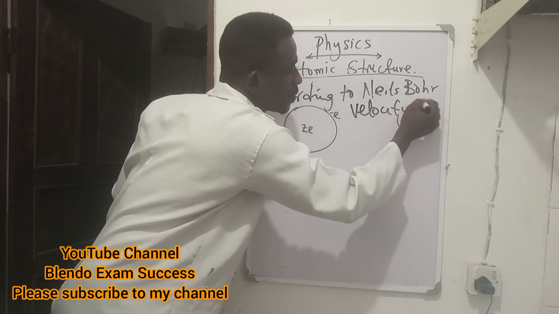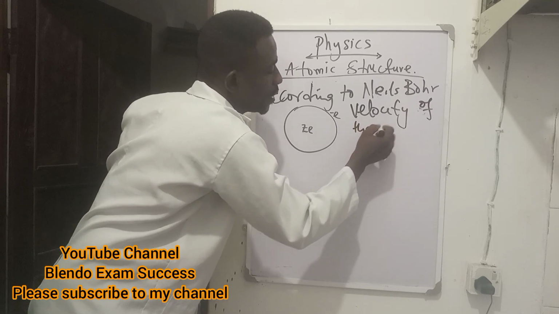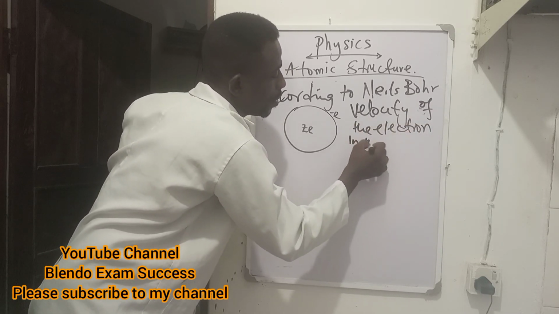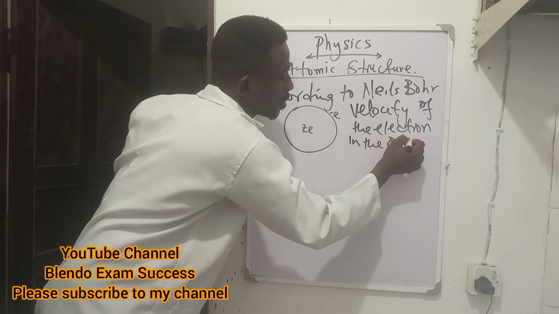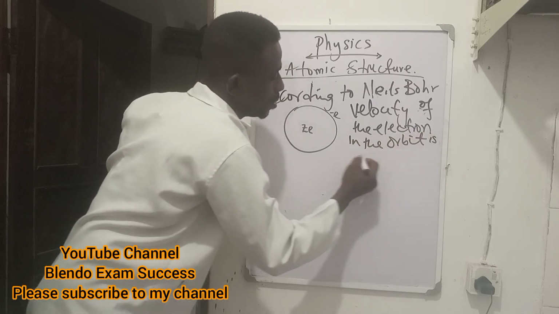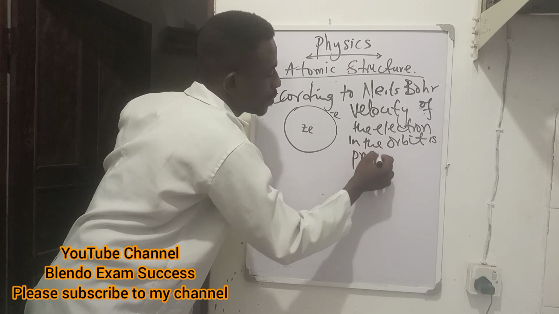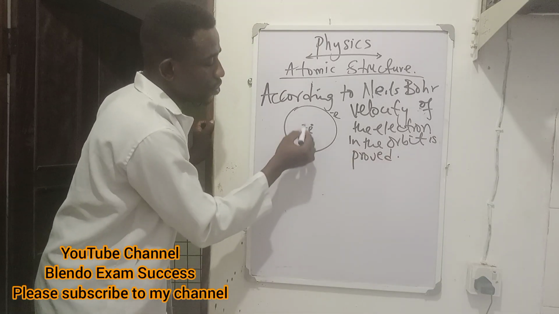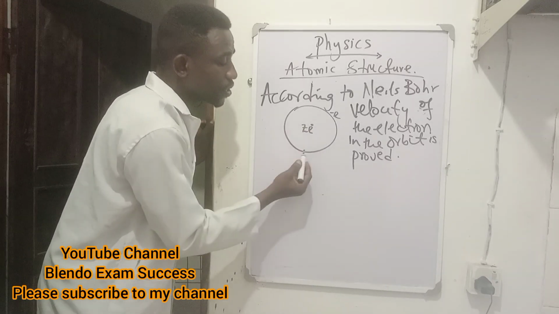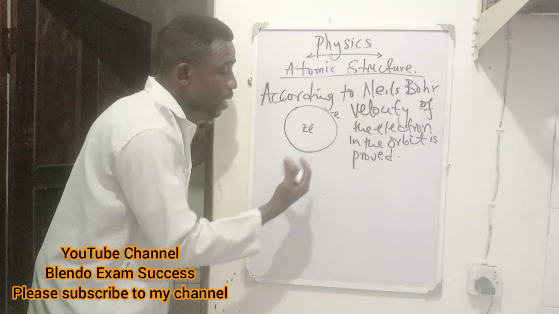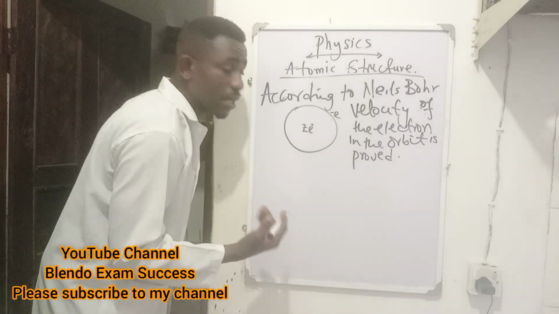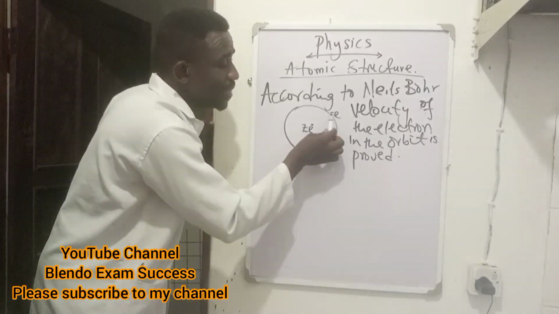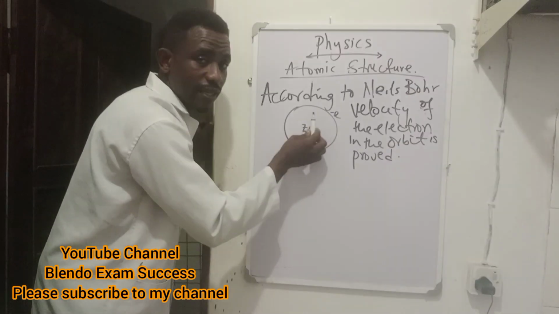of the electron in the orbit is proved. Now, we have the nucleus, which consists of the positron, the proton, the neutron, and the electron revolves around it.